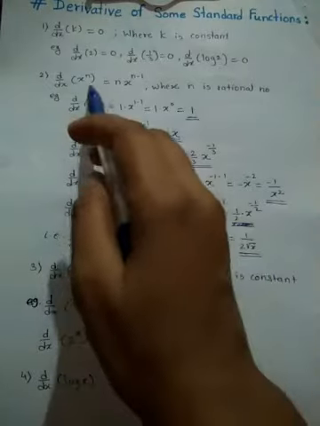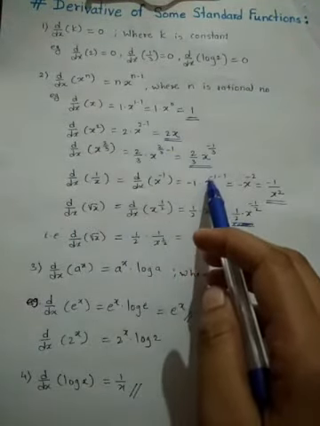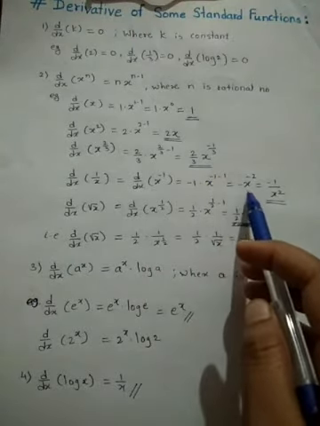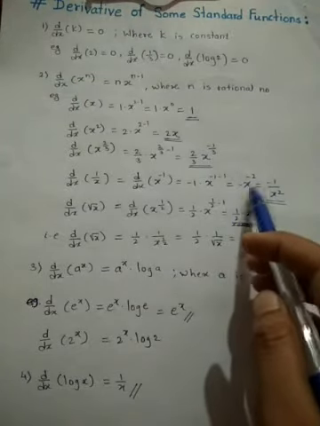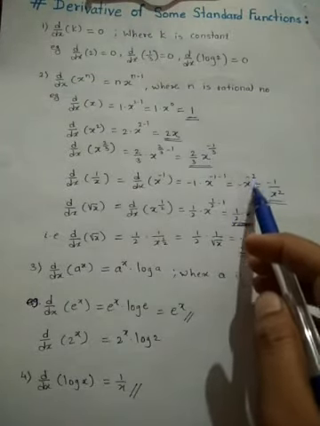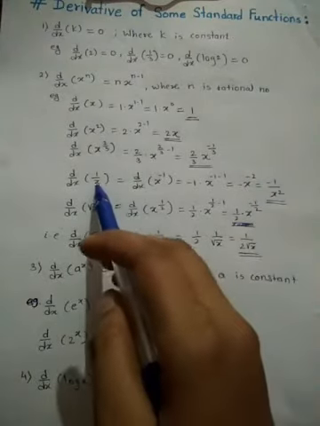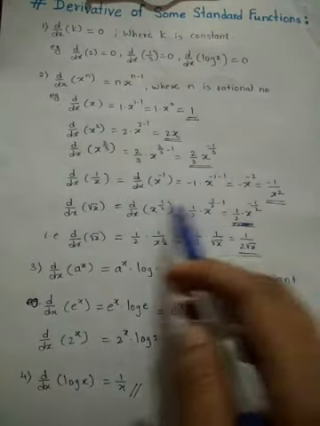Apply this general formula: minus 1 into x raised to minus 1 minus 1. We get minus x raised to minus 2. We can write x raised to minus 2 as 1 upon x square. Therefore, derivative of 1 by x is minus 1 by x square.